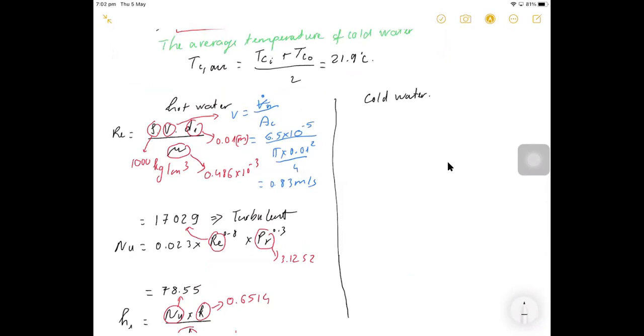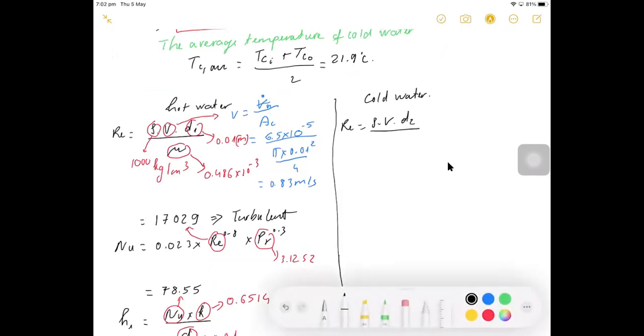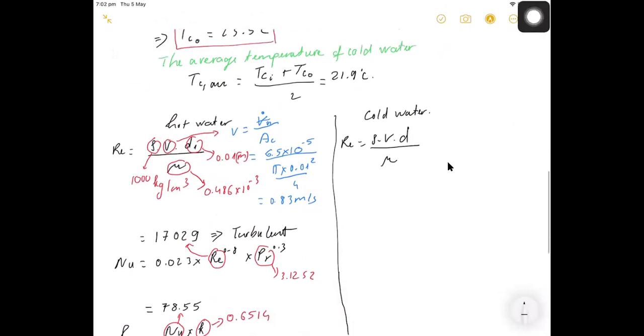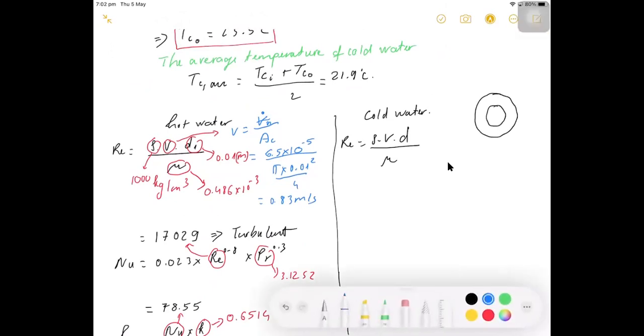Okay, cold water, you have Reynolds number equal to rho V D over mu. But D in this case is a hydraulic diameter, because you see the cold water moves in this area, and this area is not a simple pipe.